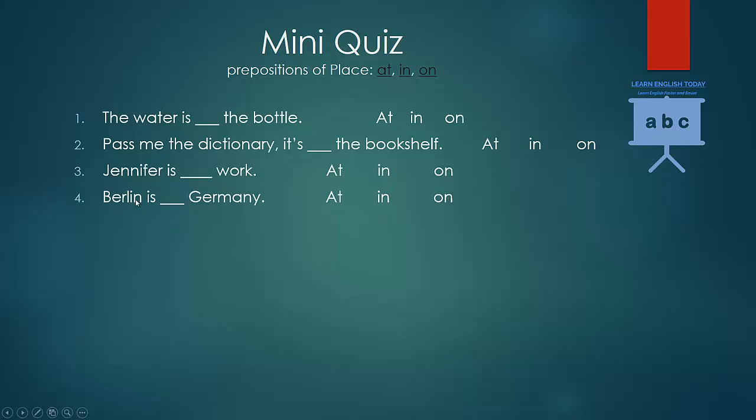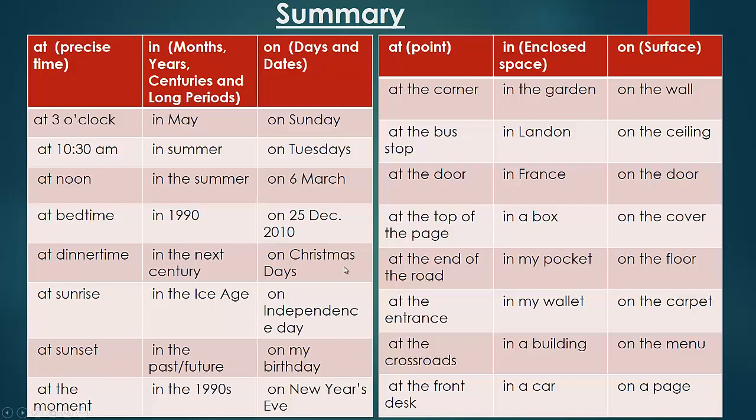Berlin is in Germany. Number 5. You have something your face. At, in, on. Your face is a surface. So we can use what? On. You have something on your face. Very nice.